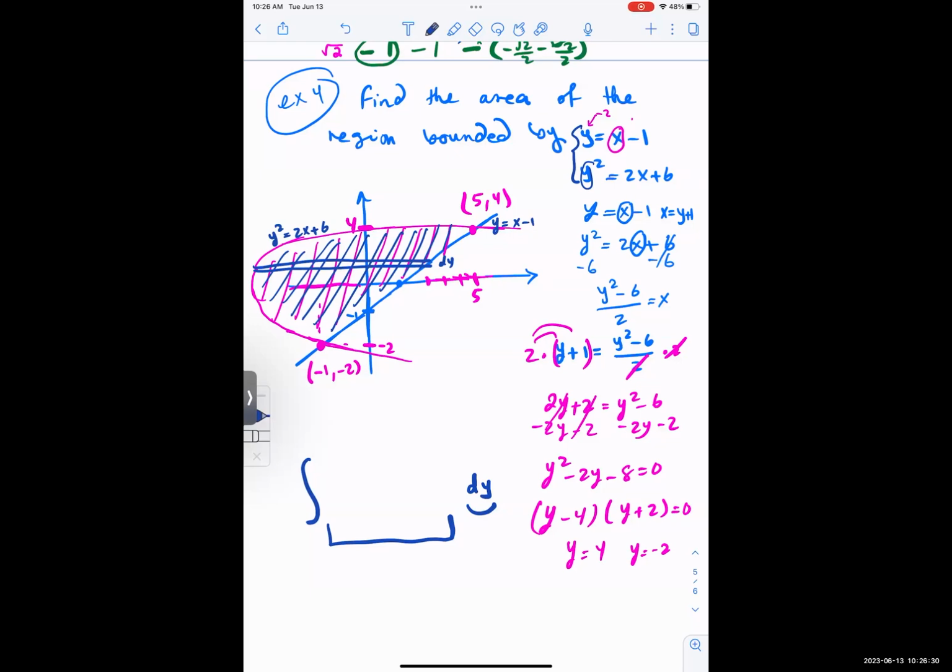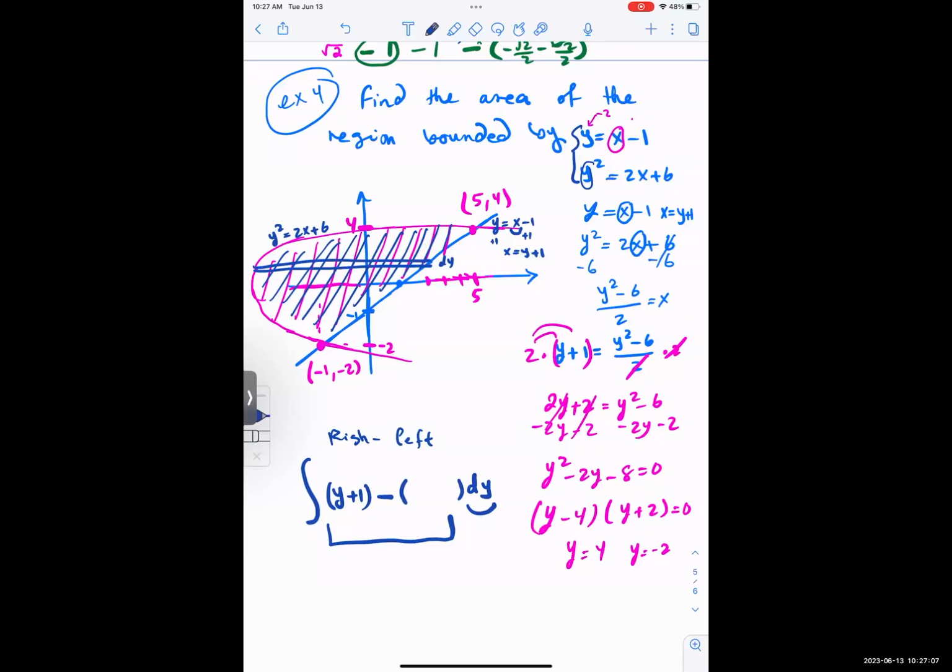Excellent. So now you want to say right minus left, right? Right minus left. Tell me, if I isolate, things need to be in terms of y. So that means I need to isolate x. So I add 1 to both sides. So x is y plus 1. So my function on the right is y plus 1, minus left.